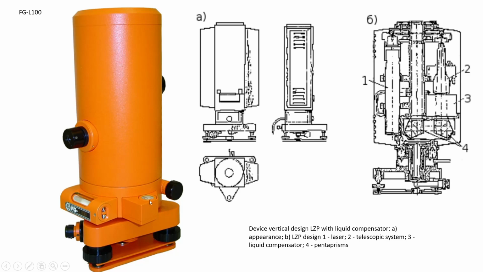While the bubble of the level is at the zero point, you can see in the lens and project the axis, which reflects at an angle of 90 degrees, and you can project the position of the axis to the upper floors.